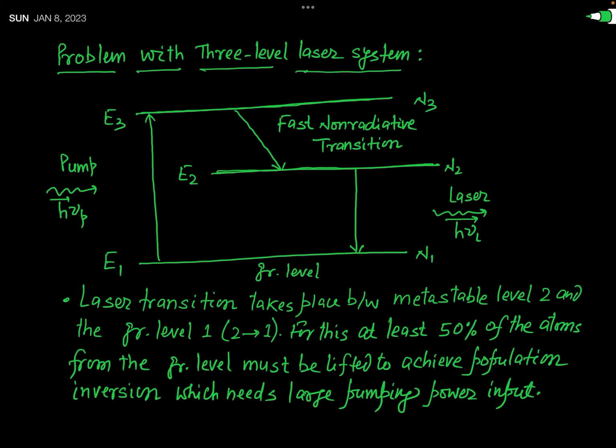So in this case, if you want to obtain the population inversion between level 2 and level 1, which are the laser levels, then at least 50% of the atoms from the ground level must be lifted to the third level. And for this, to lift 50% of the atoms from level 1 to level 3, we require a very high input pumping power.